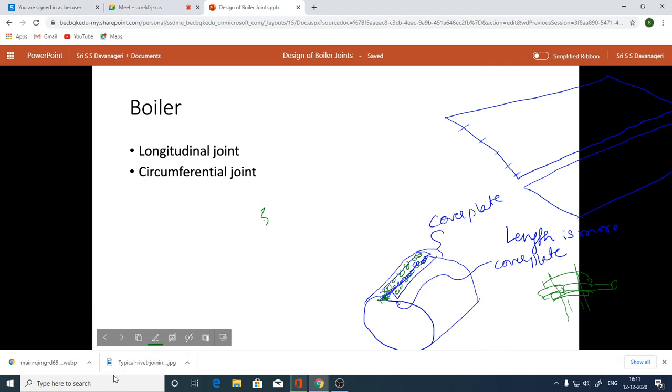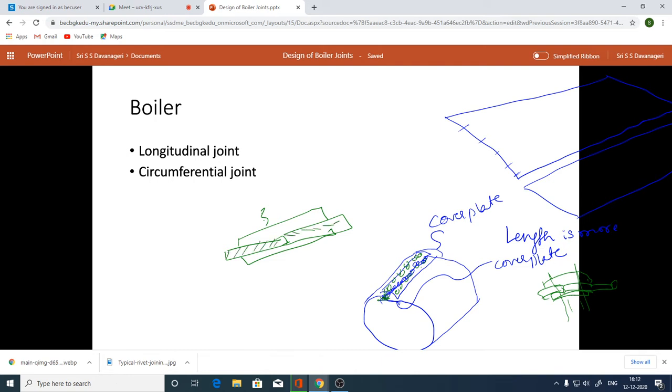Now if the edge to edge is connected and a cover plate is placed over it, then this is called a butt joint. The joint which is done along the edges of the plate is called a longitudinal joint.